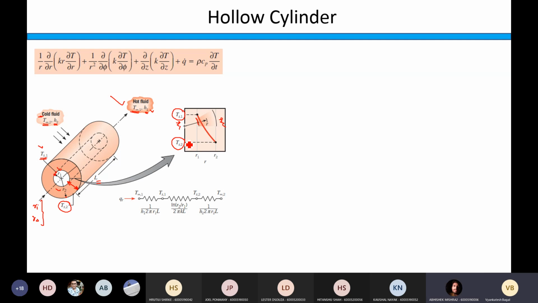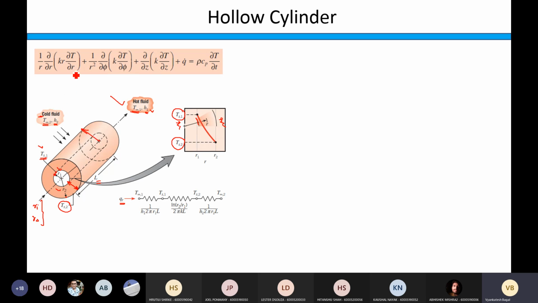So, sir, you want to say that from inner wall to outer wall the temperature is changing? Yeah, yeah. So we are going to analyze the case where the heat transfer is taking place along the radial direction, in this direction, radial direction. Heat transfer is taking place in the radial outward direction.